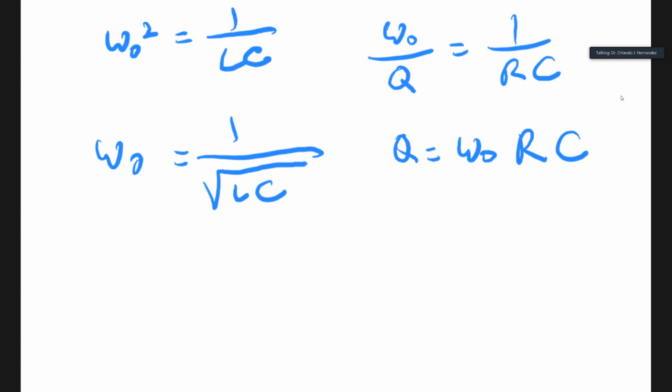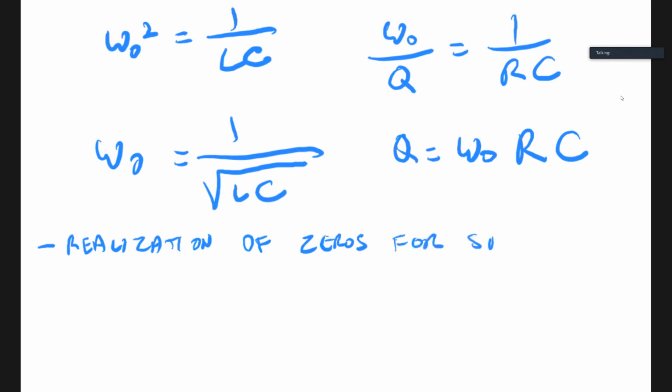So one thing before we go on further, we want to talk about the realization of the zeros for specific filters. And at the beginning of the chapter, we talked about how the zeros influence the type of filter that we have.